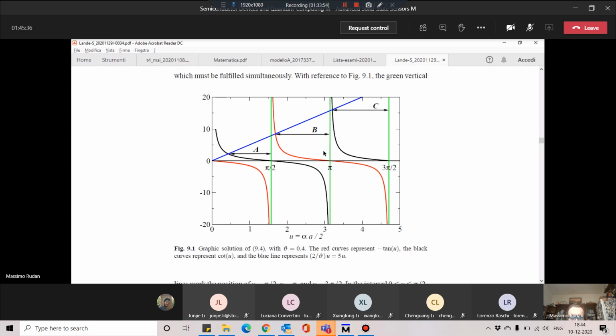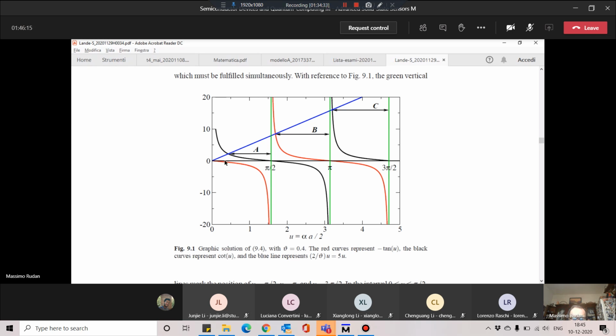So the graphical solution tells you that the allowed bands are in the intervals of U in which the blue line is simultaneously above both the red and black line. So this happens here in this interval marked with A. Okay, you see that between 0 and 1/2 pi, the blue line is above the black line and also above the red line.